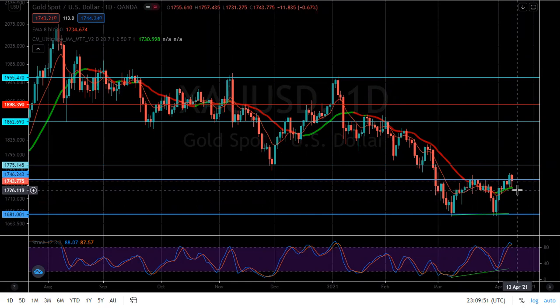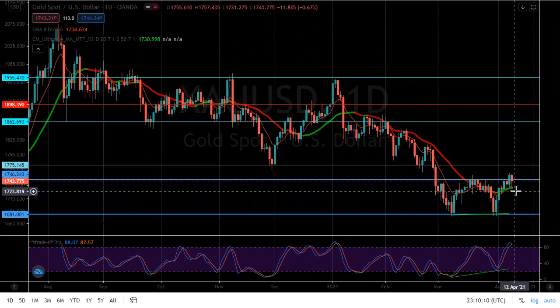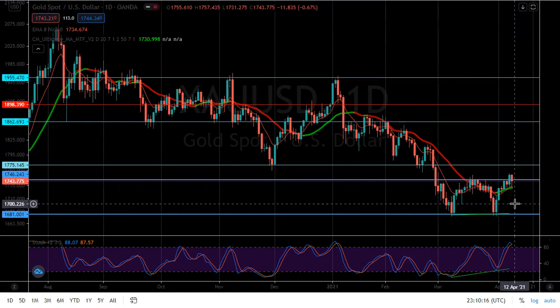If we get good reversals, we'll be going upwards. But we could still come as low as almost retesting these lows here. We still have key levels to the downside. If we go through the 1725 handle I'm looking at here, we could go as low as the 1700 handle.